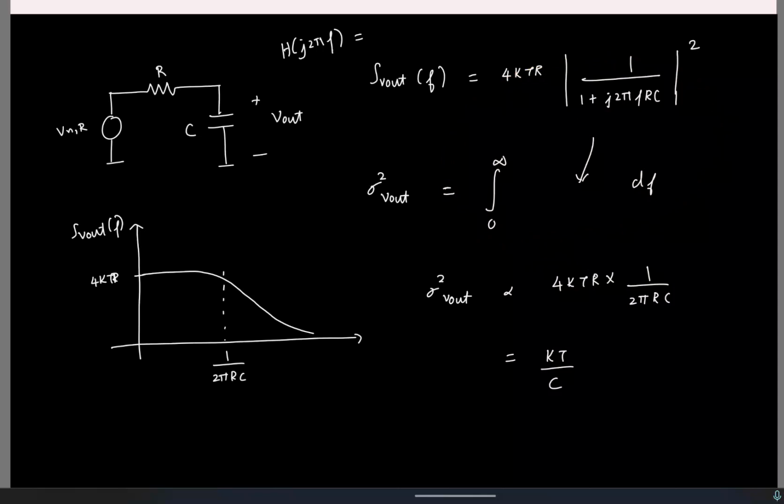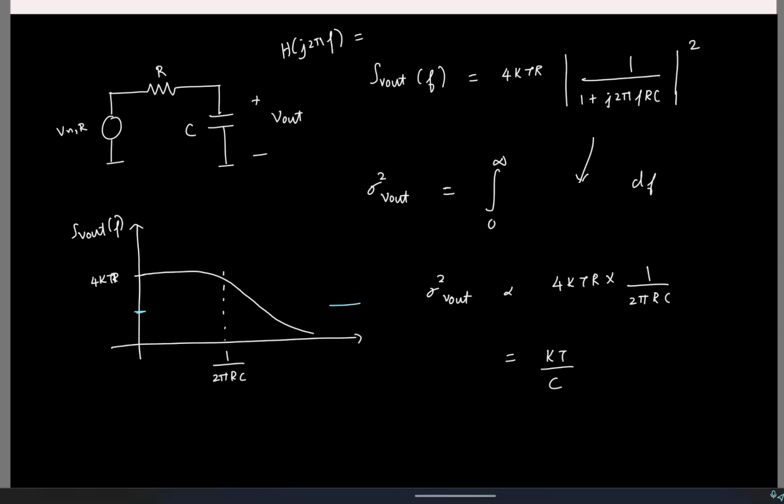And the interesting thing to notice, again, the noise is coming only due to the resistor, but looks like the mean square value is not dependent on the resistor at all. And the reason is again the same as we saw for the frequency scaling. If you, let us say, try to scale the bandwidth of the circuit by making the resistance smaller, two things happen. One, the power spectral density reduces, but what about the bandwidth? I'm reducing the resistance, so the bandwidth basically doubles.